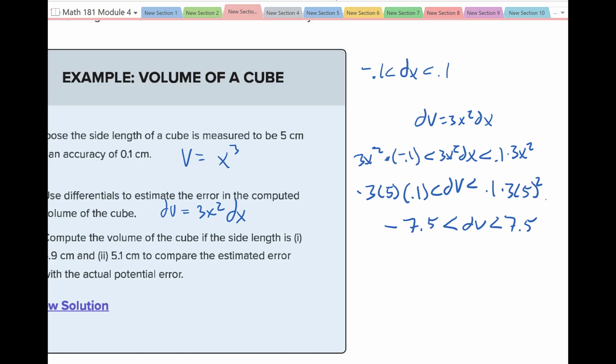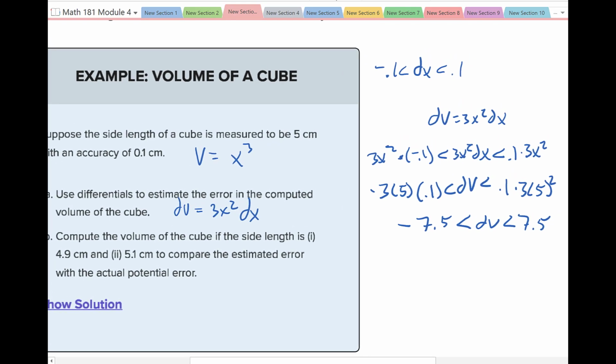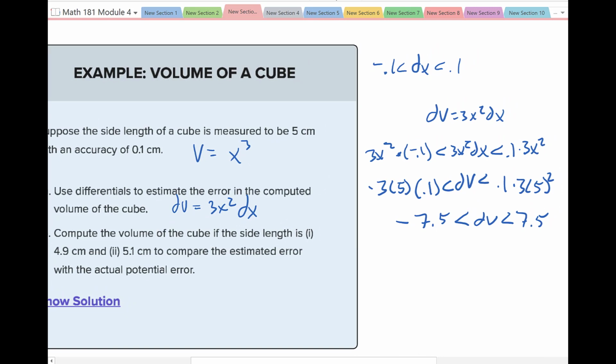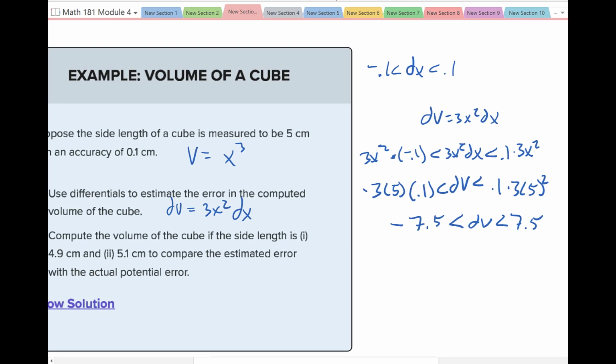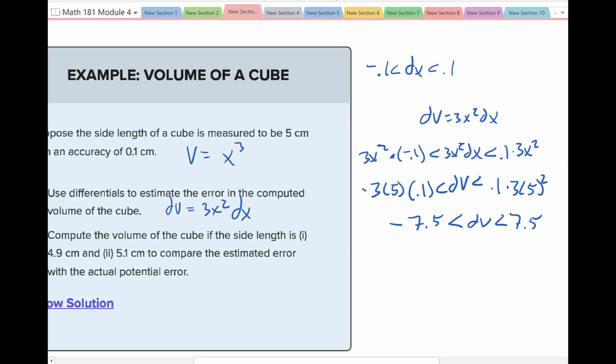So for the second part, it is asking us to compute the volume of the cube if the side length is 4.9 and 5.1, and compare the estimated error with the actual potential error. So for B, our volume at 4.9 is going to be 4.9 cubed, which is 117.649.